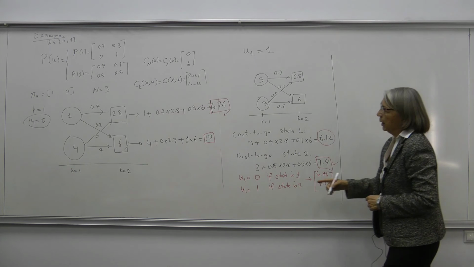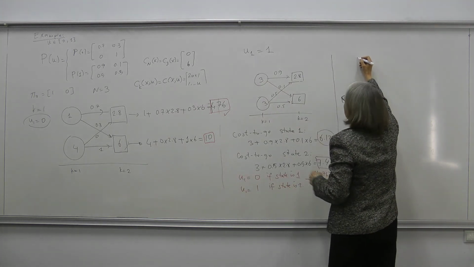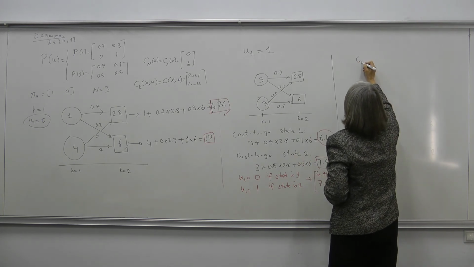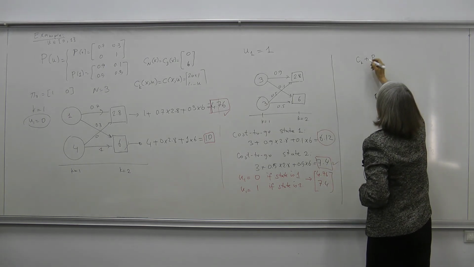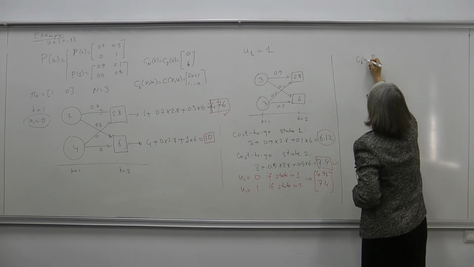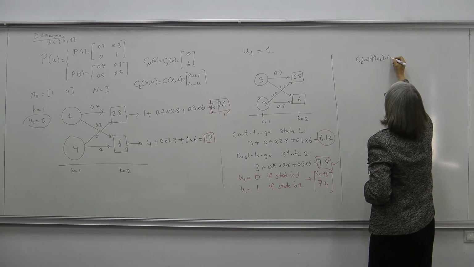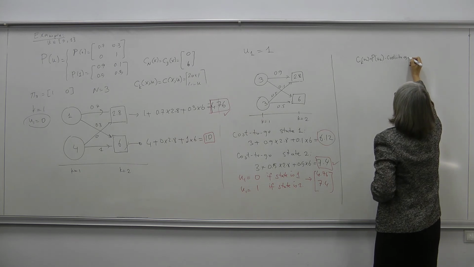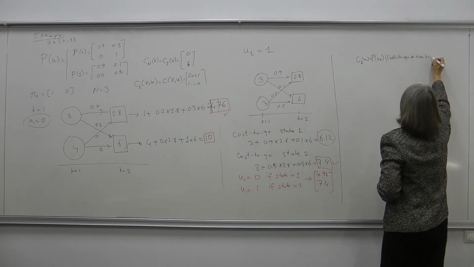In the computation, the incremental cost at any time k, which is a function of uk, will be added to P of uk multiplied by the cost to go at time k plus 1.